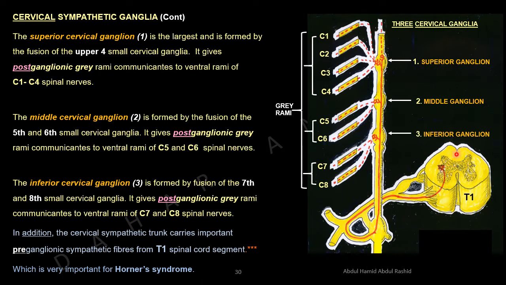From T1, the preganglionic fibers come along here and go up along this cervical sympathetic chain together with other fibers. So these fibers coming from T1 are very, very important for Horner syndrome.